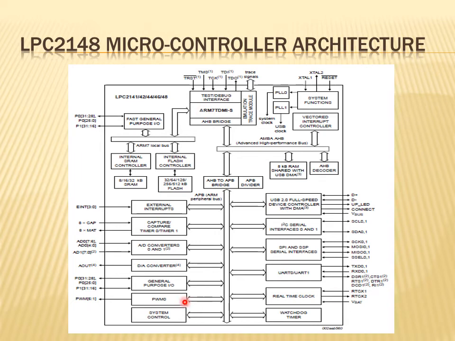This is the entire microcontroller, and this is the ARM7 processor embedded into it. The ARM7 processor is connected with various peripherals, the external peripherals. Here the memory section is there, and of course we'll see the details. So the ARM7 processor is connected with the peripherals, and that becomes a microcontroller.